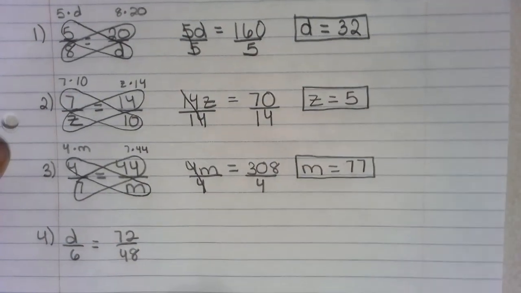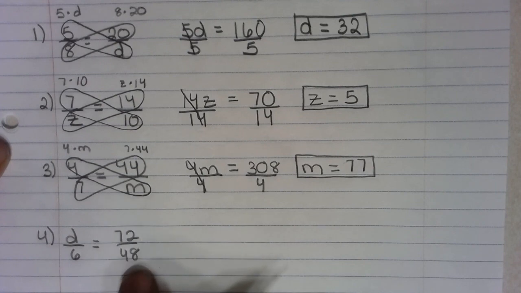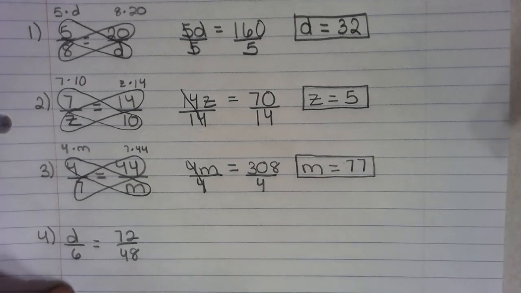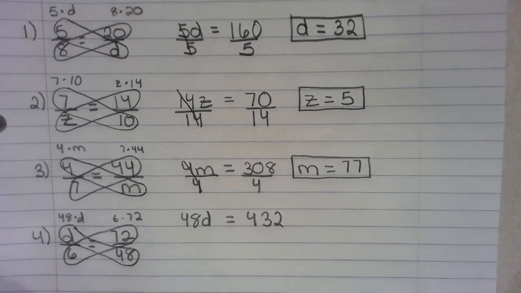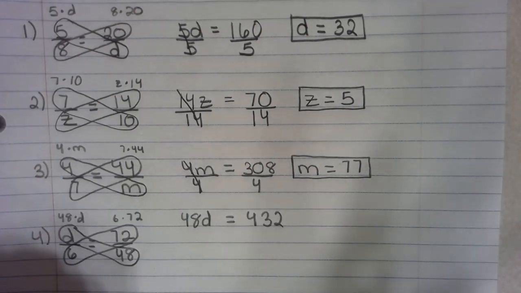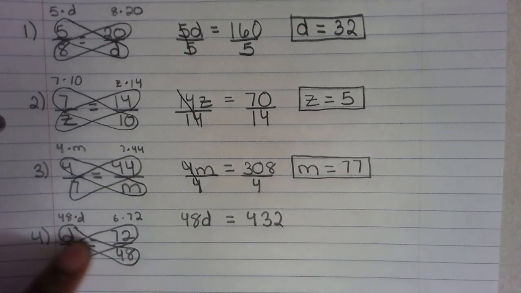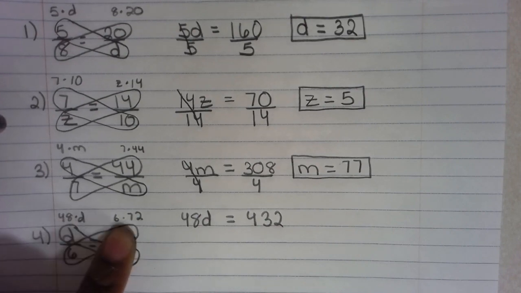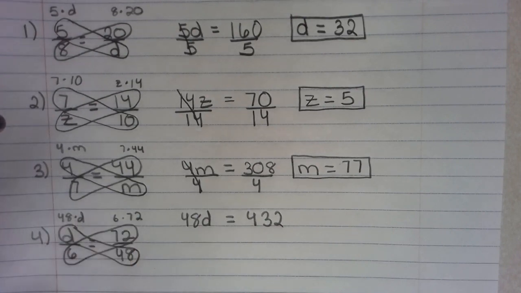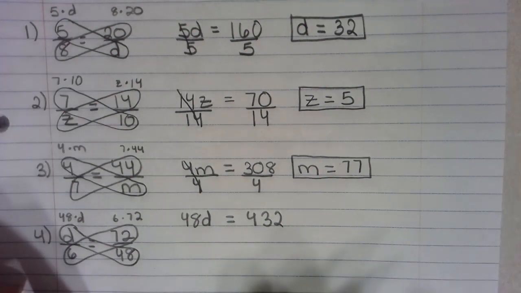Okay, let's look at number 4. Why don't you pause the video, try to do number 4 on your own, and then come back and see if you have the same answer that I have. Okay, welcome back. I didn't quite finish it, but I did do the first 2 steps. So I did cross products, and then I have my multiplication here, and I have one more step, which is to do what?